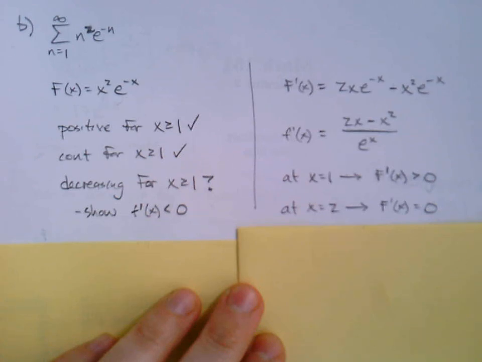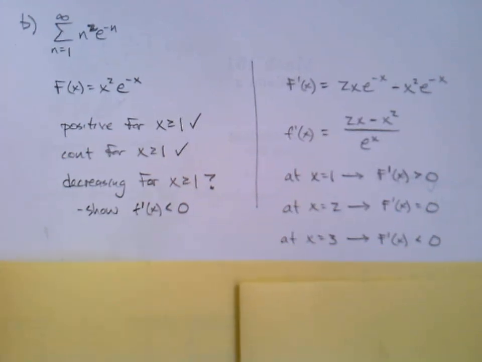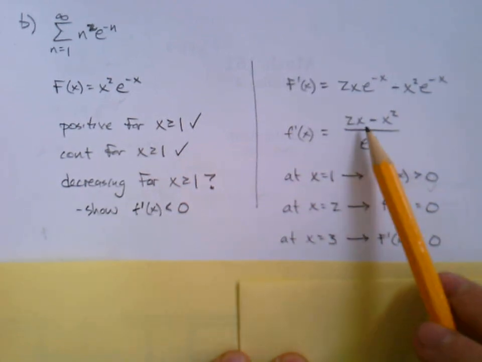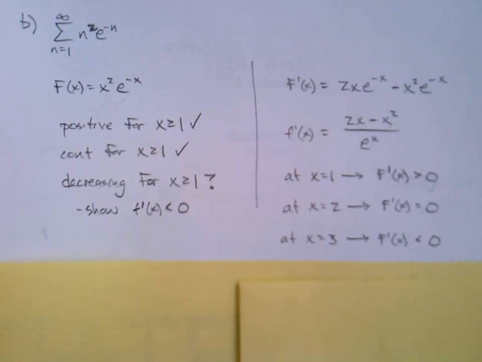Okay, well, that's moving in the right direction, I suppose. What's happening at x equals 3? Now finally at 3, our derivative turns negative, right? I've got 6 minus 9, negative 3 on top over e to the third. And I've got a negative derivative there.